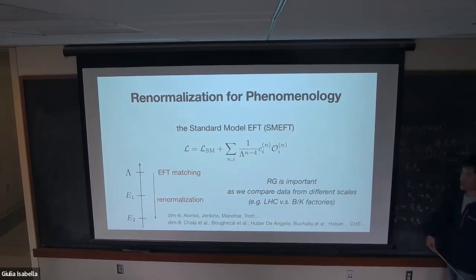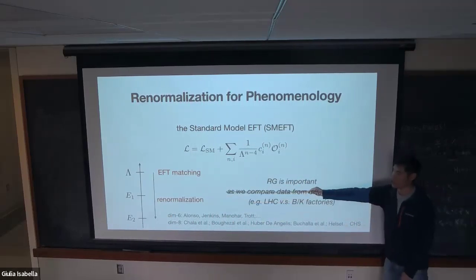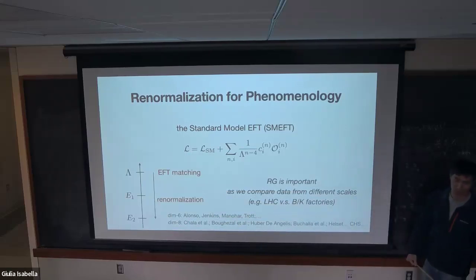Another scenario is when you compare experiments at two different energy scales, such as LHC or B or K factories. In that case, you may even need to switch to a different effective field theory framework. That's why people put a lot of effort into completing the renormalization group equations for the Standard Model EFT, SMEFT.